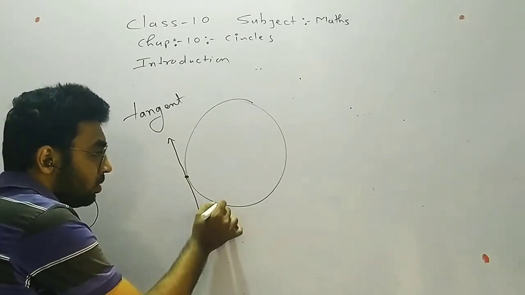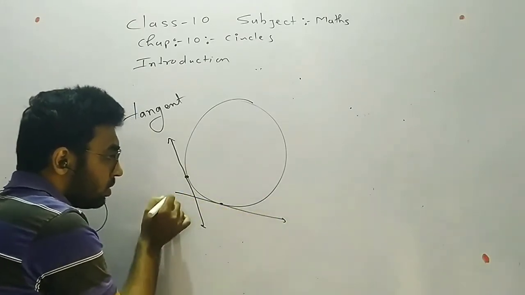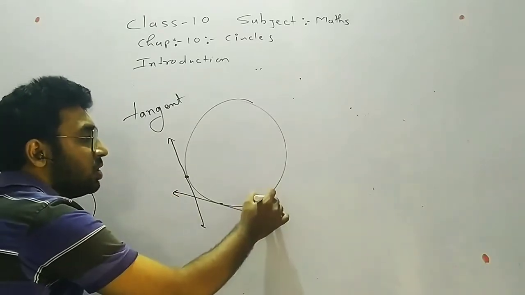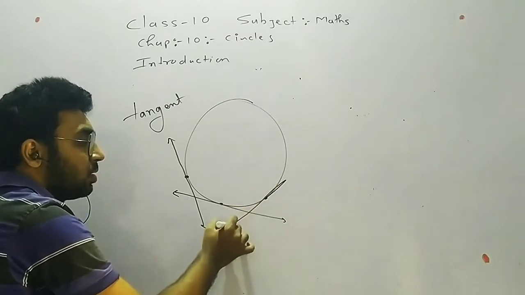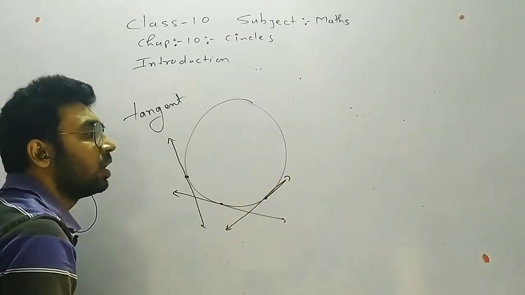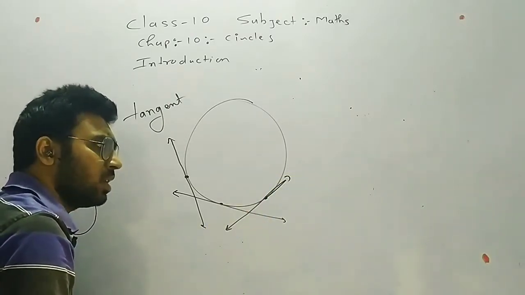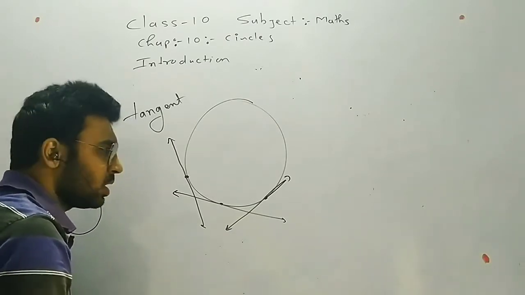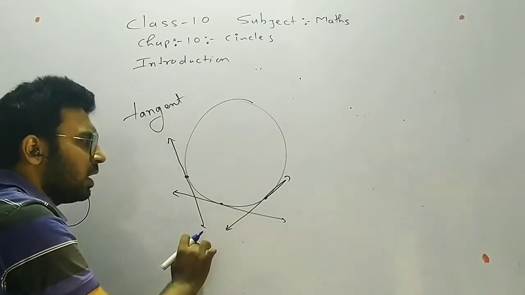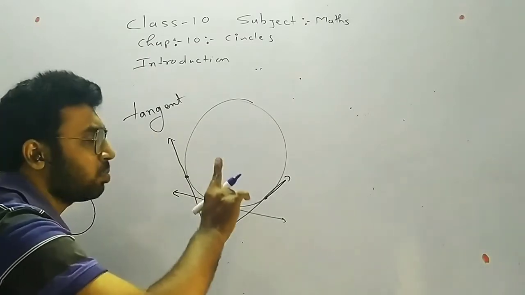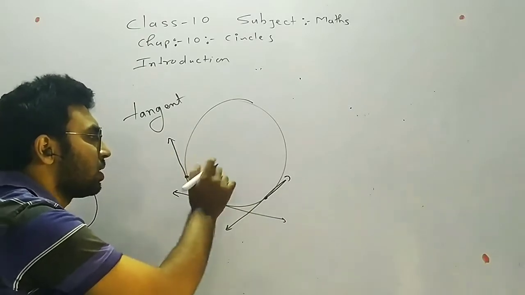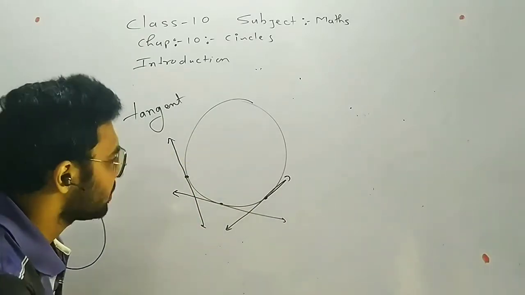You can also draw here, that is also a tangent. Tangent means a line passing through only a single point, or intersecting at one point of the circle.